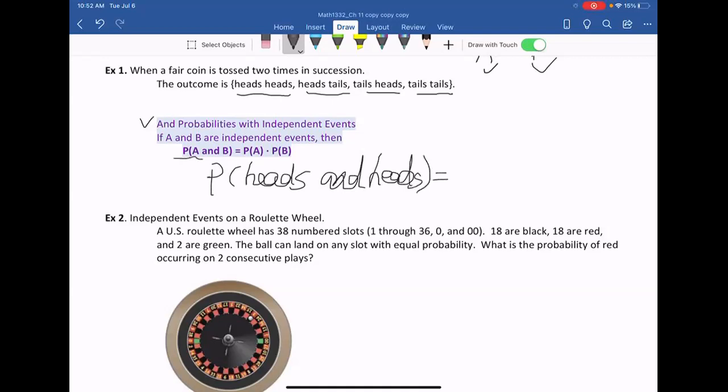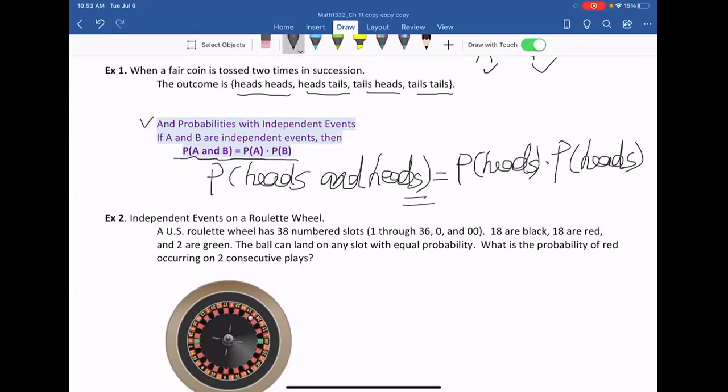Because we mentioned that if A and B are independent events, it equals the P of heads times P of heads, because these two events are independent. We can use this formula.